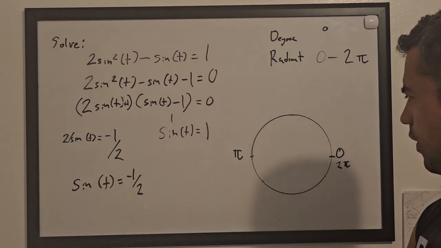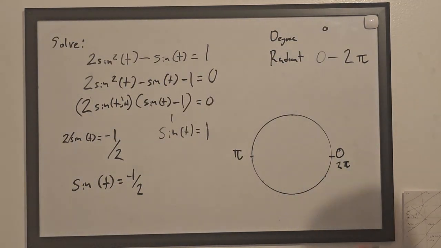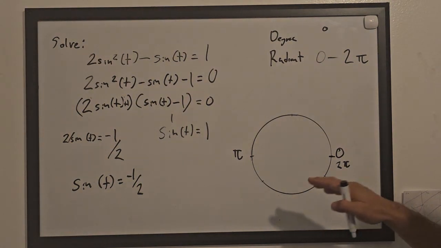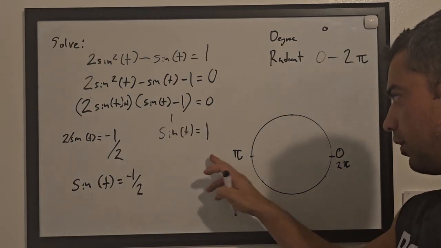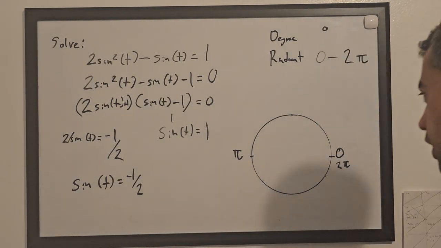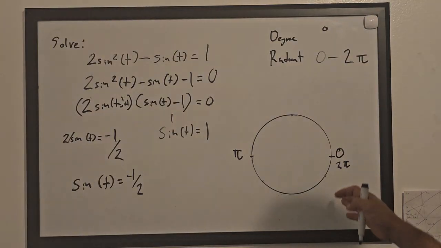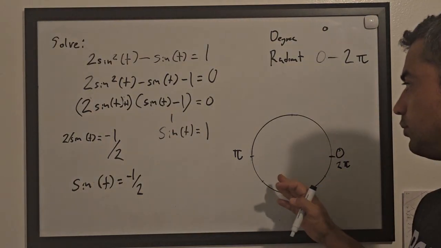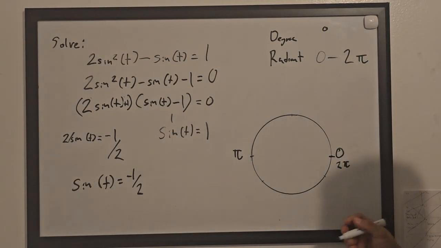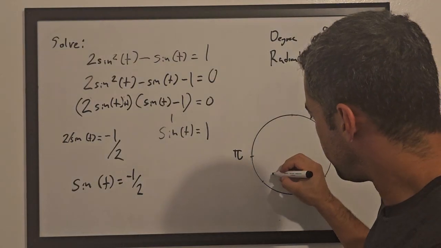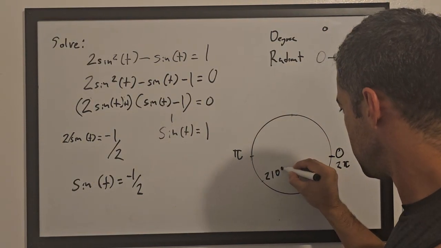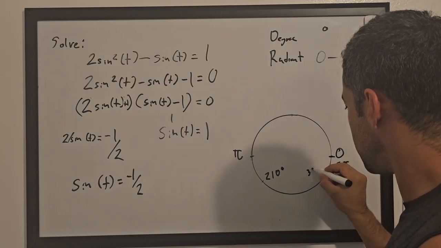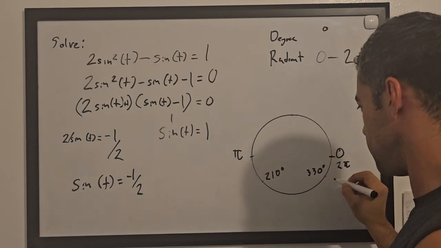Alright, so I'm not gonna fully go into the concept of the degrees and how to find them today, but I will tell you where these fall on the radian scale and degree. Why not? So this point here becomes 210 degrees. This point here is 330 degrees.